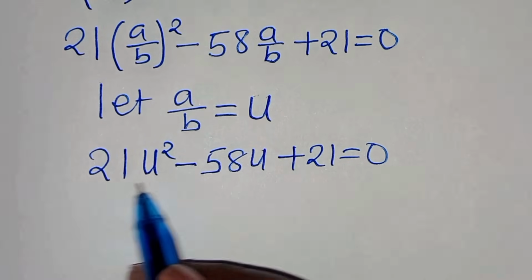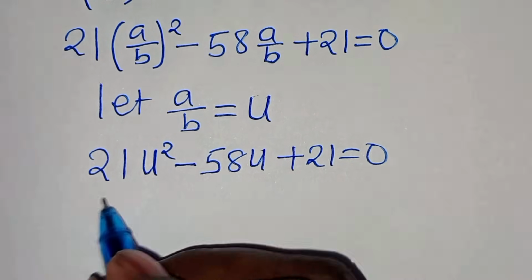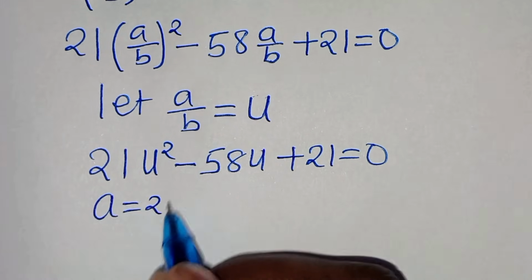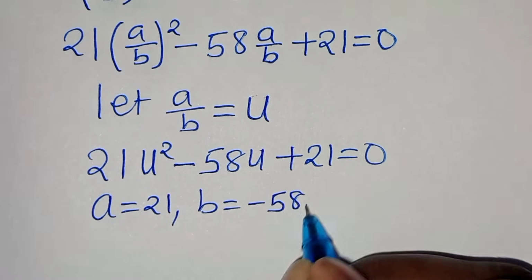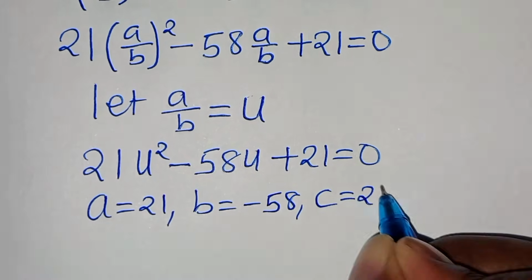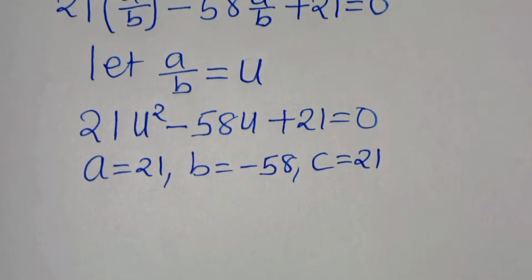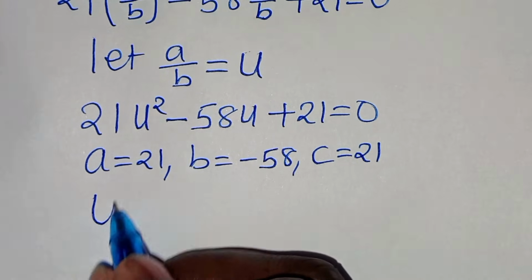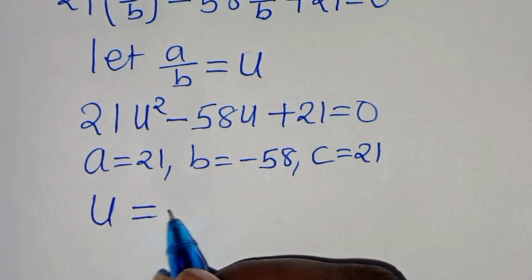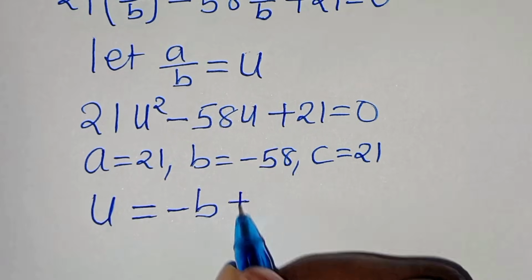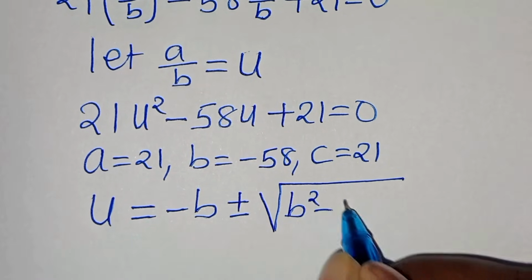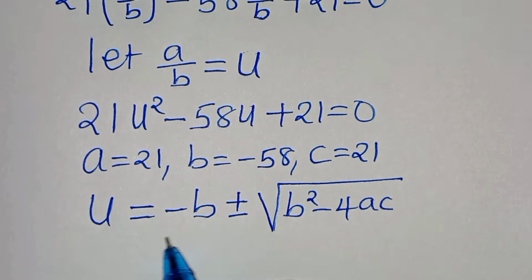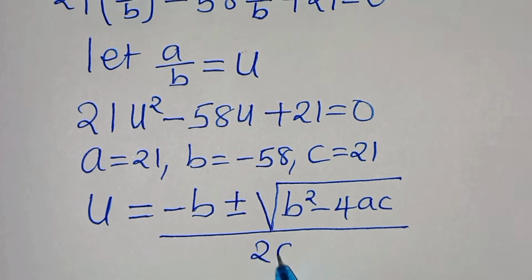So this is a quadratic equation here, where we have a equal to 21, b equal to minus 58, and c equal to 21. Now, we can solve for u by applying the quadratic formula here, which is minus b plus or minus the square root of b squared minus 4ac, everything here divided by 2 times a.